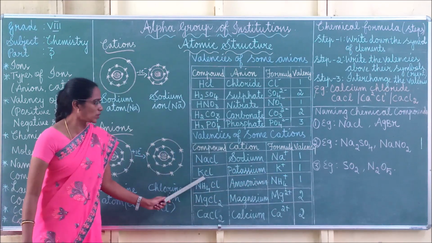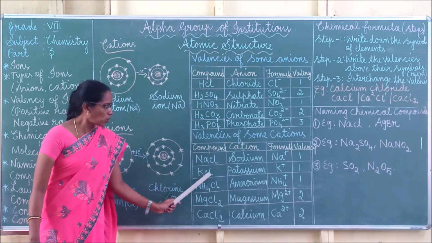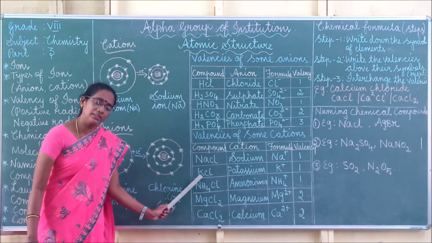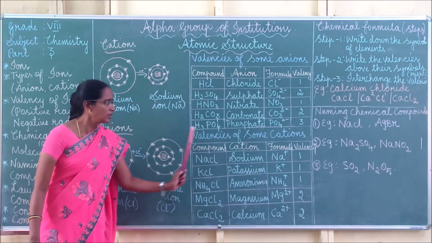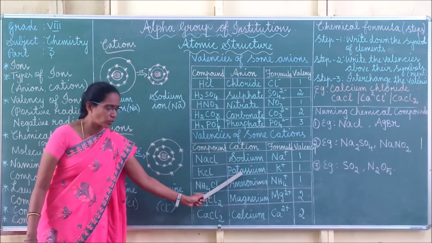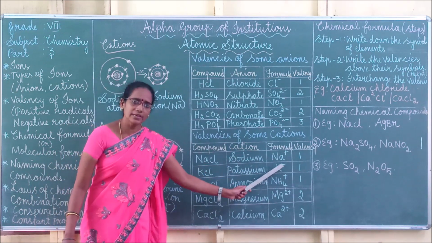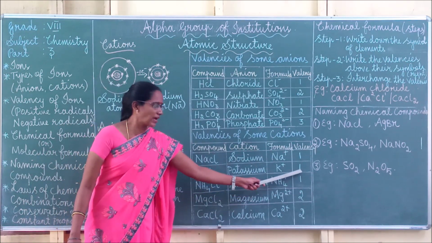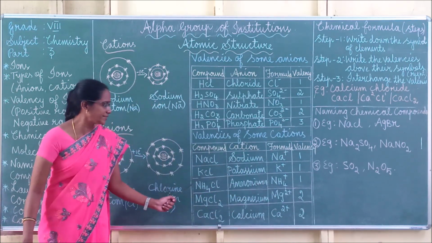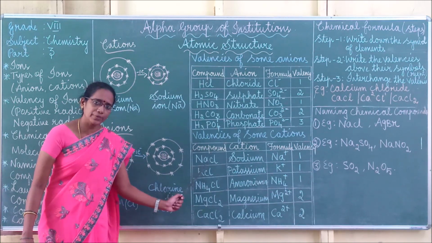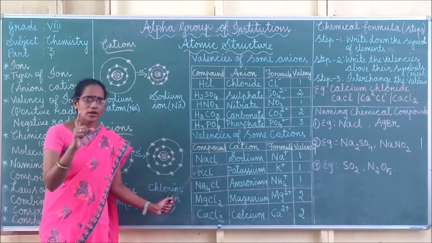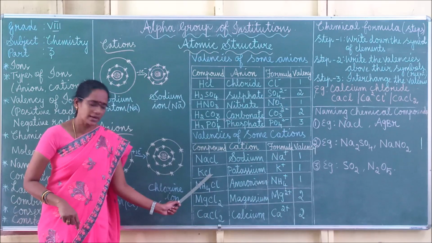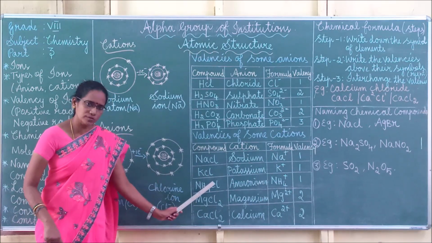Okay. So next one, KCl. Here one chlorine atom combines with 1 potassium atom. The cation is potassium and its formula is K+. Valency is 1 because potassium combines with how many chlorine atoms? Only 1 chlorine atom, right? Next one, NH4Cl.